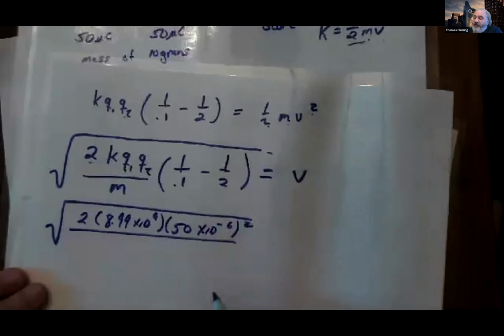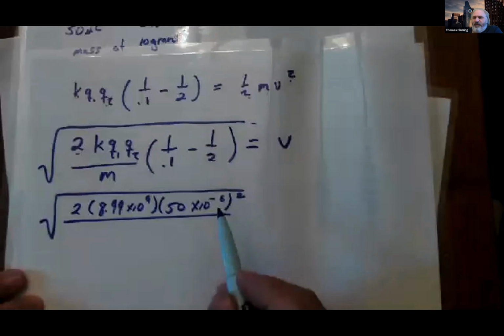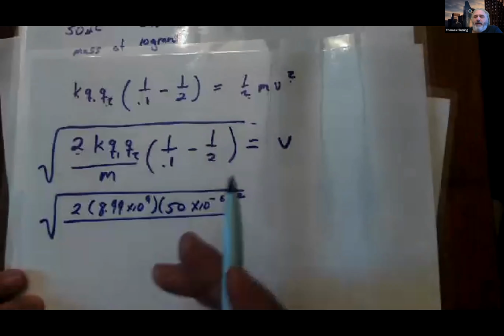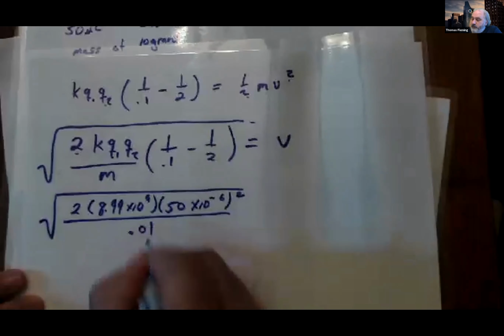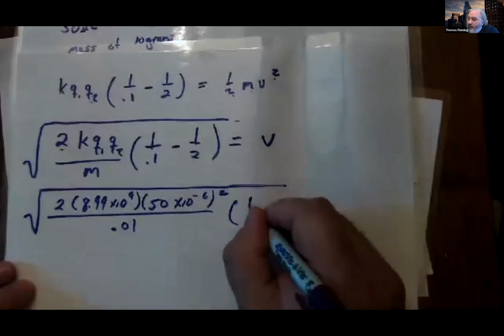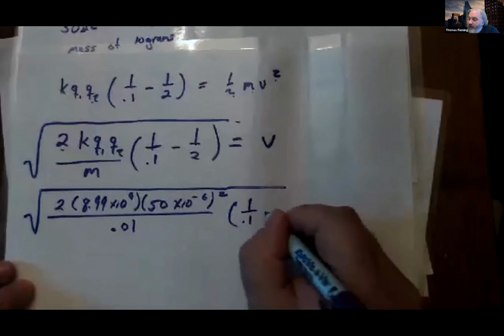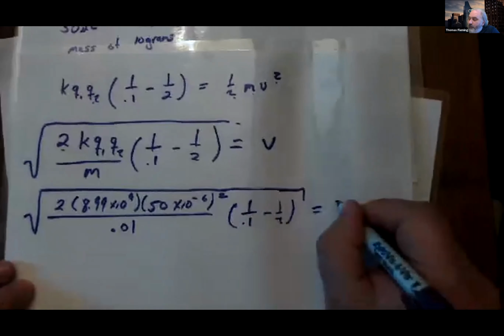The mass is 10 grams, but I need that to be in kilograms because that's the SI unit. So 10 divided by 1,000 is 0.01. And of course, I have 1 over 0.1 minus 1 over 1/2, or 1 over 2.